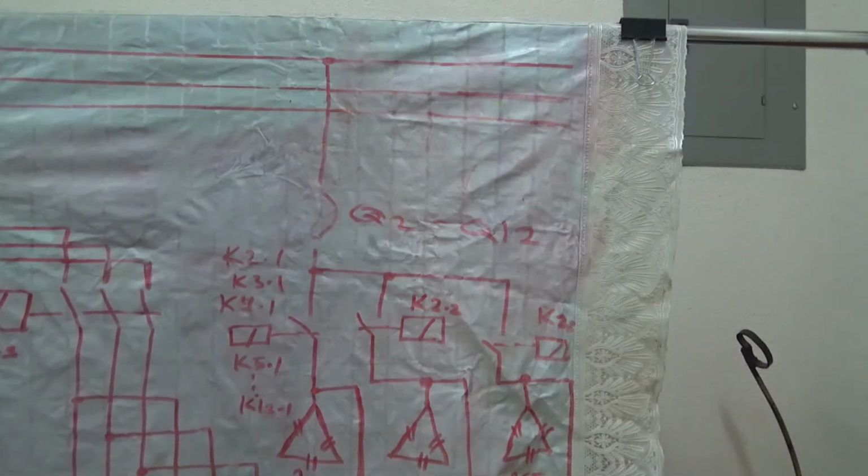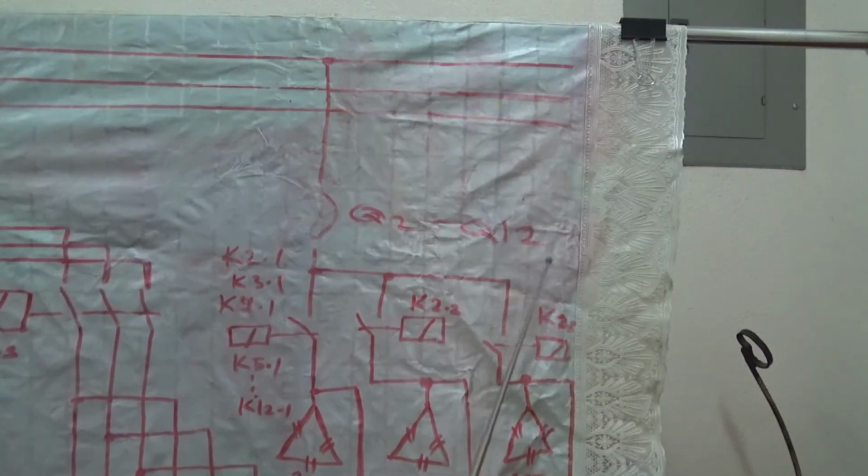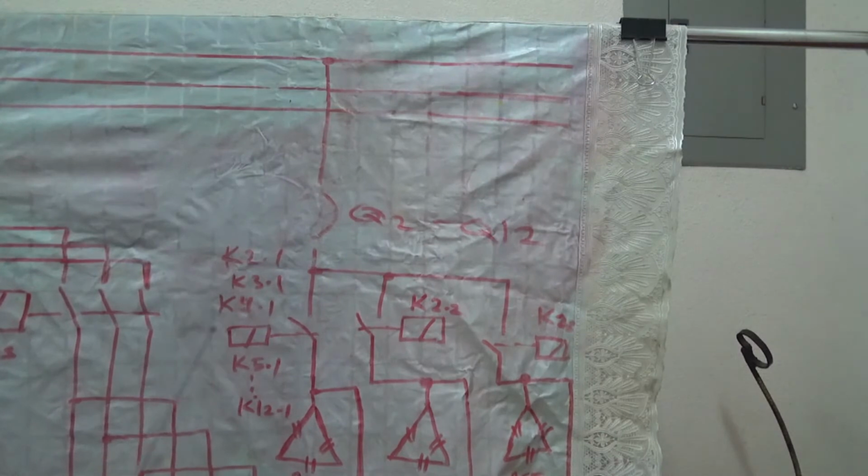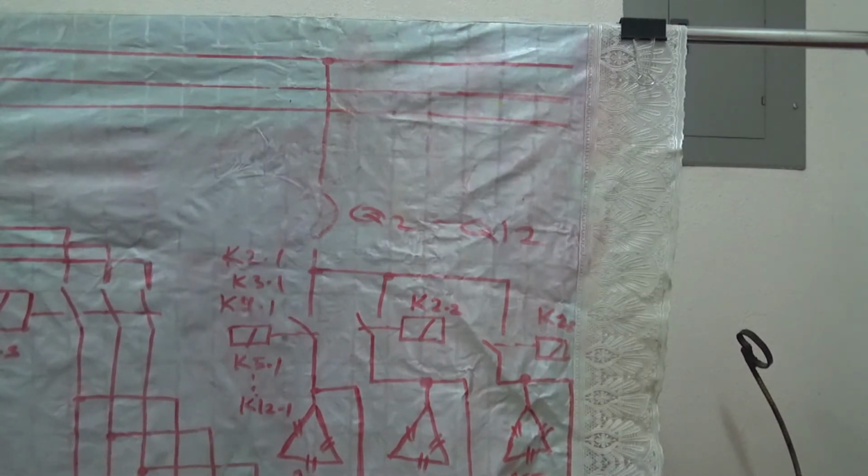For the other circuit branches, we have made a similar single line diagram. This breaker represents Q2, Q3, Q4 up to Q12. Then it is feeding one contactor. This is K2.1, K3.1, K4.1, like up to K12.1.